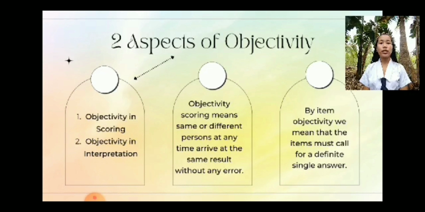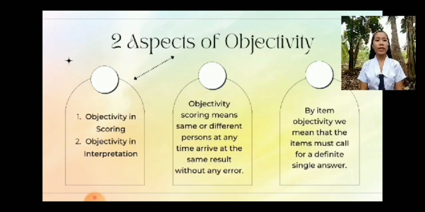In other words, the personal judgment of the individual who scored the answer script should not be a factor affecting the test scores, so that the result of a test can be obtained in a simple and precise manner. If the scoring procedure is objective, there should be no doubt as to whether an item is right or wrong, partly right or partly wrong.